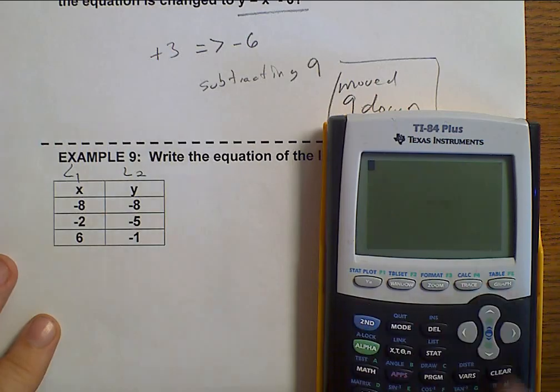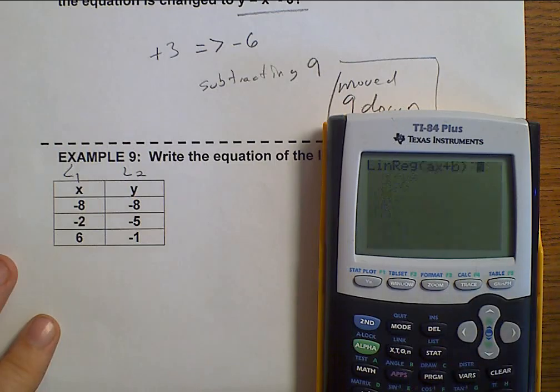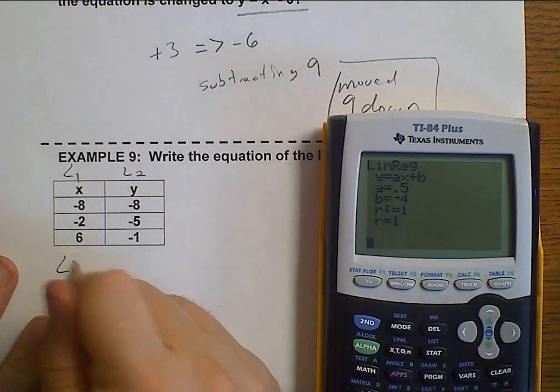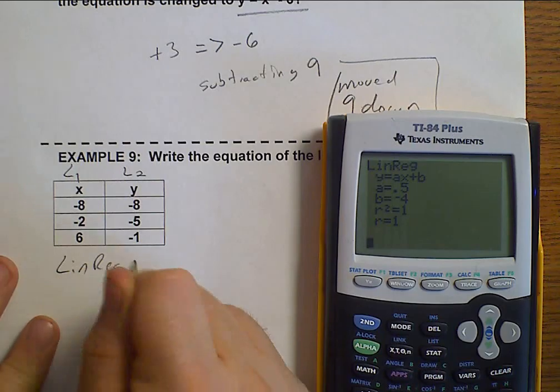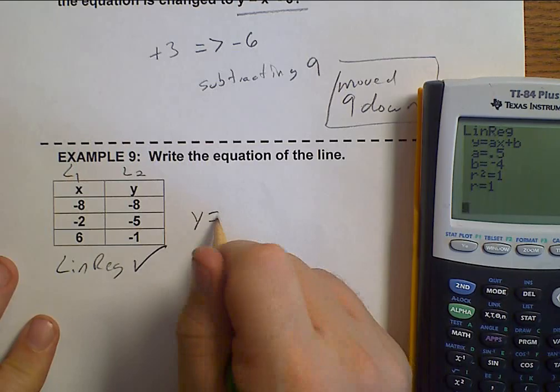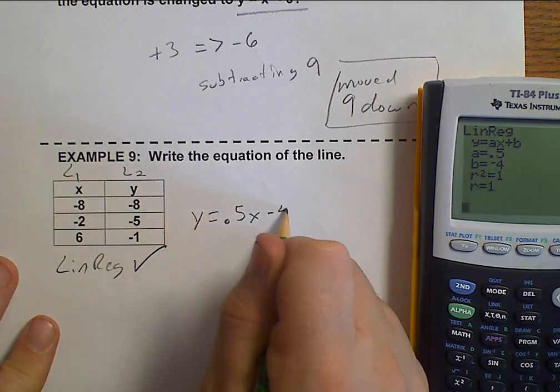We quit. Stat, calculate a linear regression. R equals 1. So the linear regression checked out. And so our equation is that y equals 0.5x minus 4.